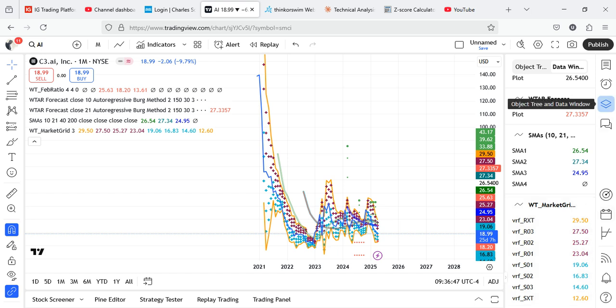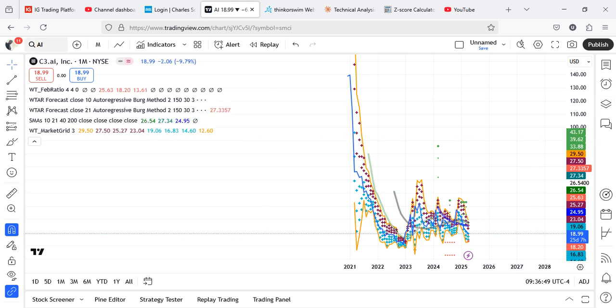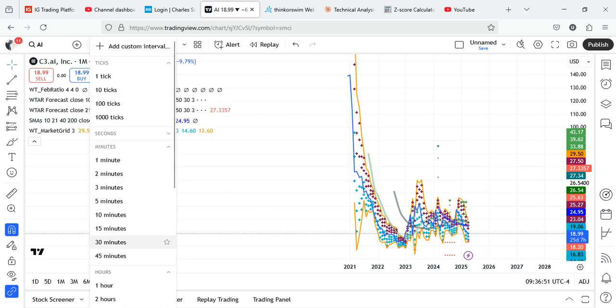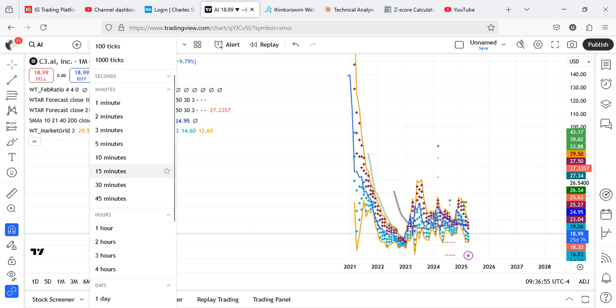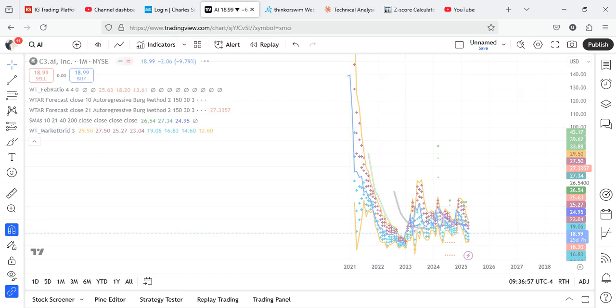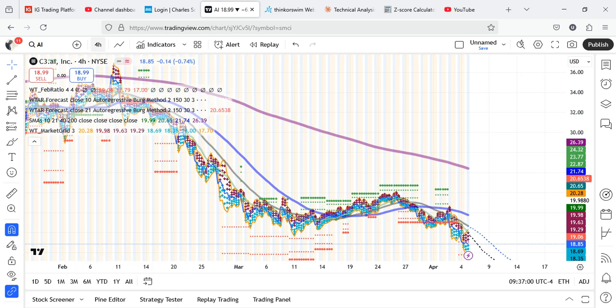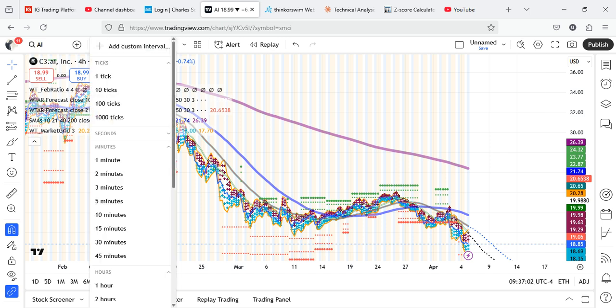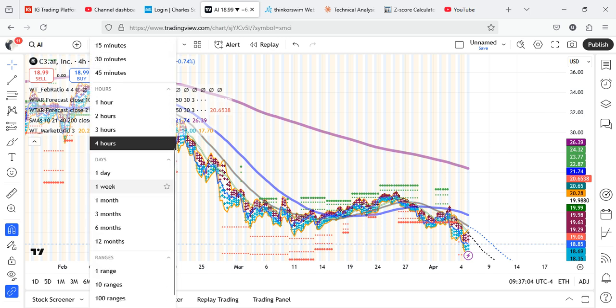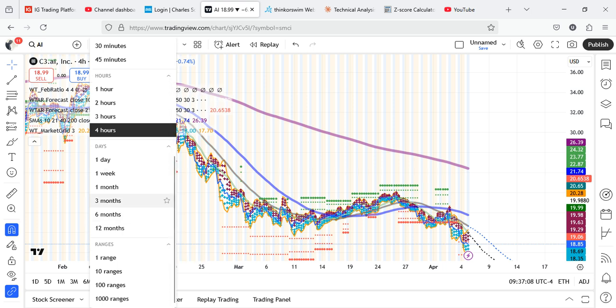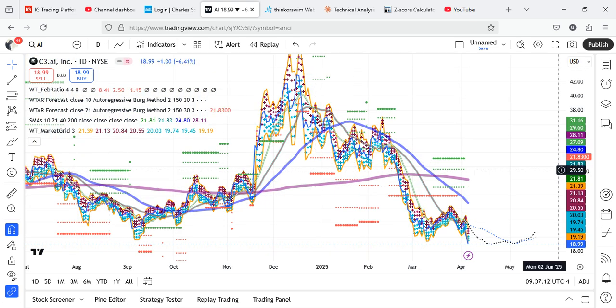Okay, so let's get back to the daily chart and have a further look at the other price pressure momentums, especially for the 21-day moving average, just to get an idea of what's going on there.